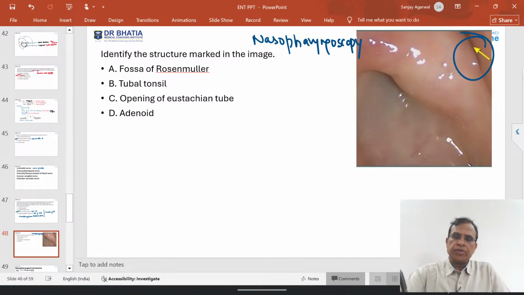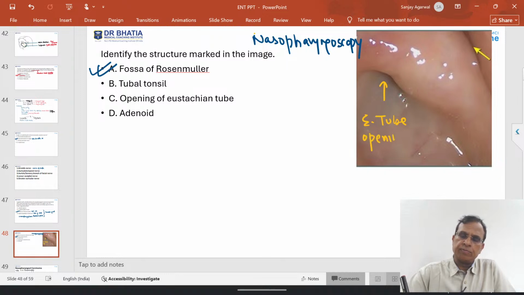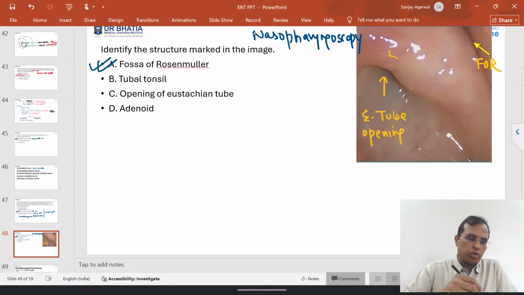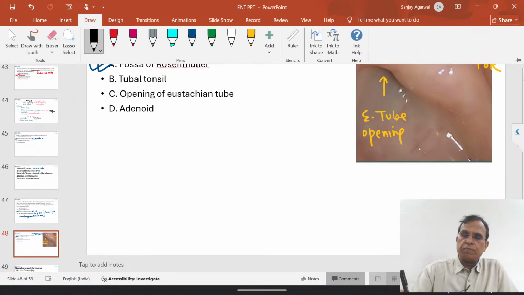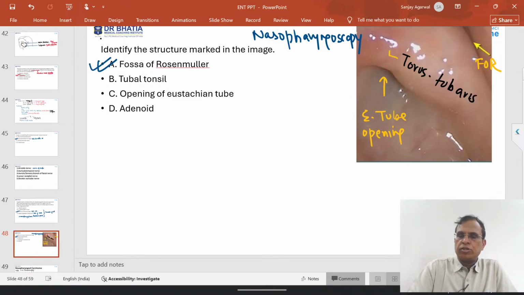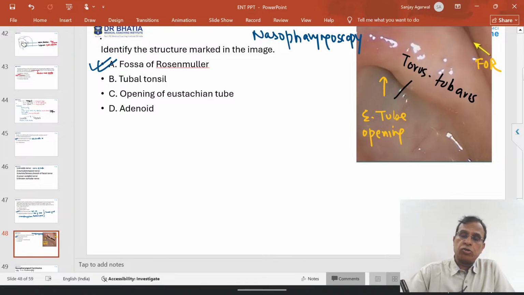This yellow area they are asking you about is the fossa of Rosenmuller. The carcinoma arises from there. This is the opening of the eustachian tube. This arrow is FOR. FOR means fossa of Rosenmuller. And this bulge is called the torus tubarius. So at the very front is the opening of the eustachian tube in the nasopharynx, behind it is a bulge, the torus tubarius, and behind that is the fossa of Rosenmuller, from where the carcinoma arises.